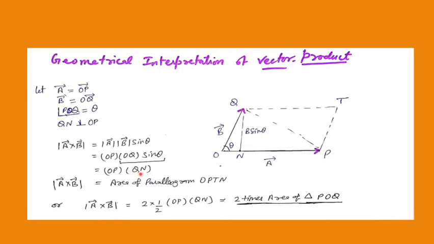So in this equation, A cross B can be written as twice of half of OP into QN. So this half of OP into QN is what? That is giving me the area of this triangle POQ. Any one triangle you can take. So this means A cross B comes out to be twice the area of the triangle POQ.